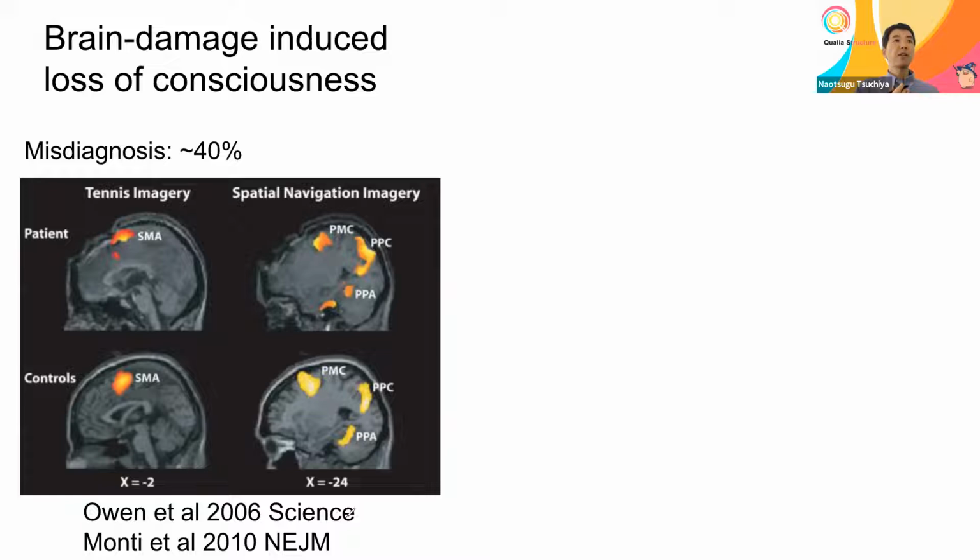And in fact, when he was asked to imagine playing tennis or navigating through the hospital environment, he was able to distinctively activate different patterns of the brain, very similar to the brain patterns of normal, healthy controls, despite the fact that his brain was quite damaged, like here, the frontal area was quite damaged, and so on.